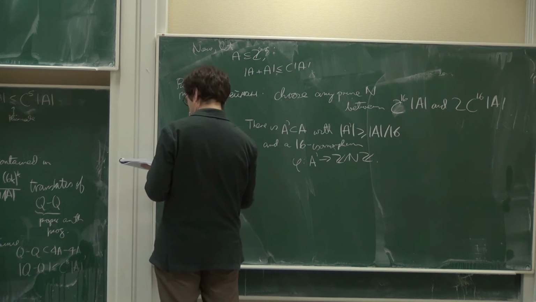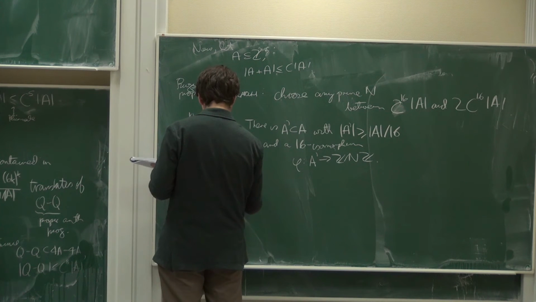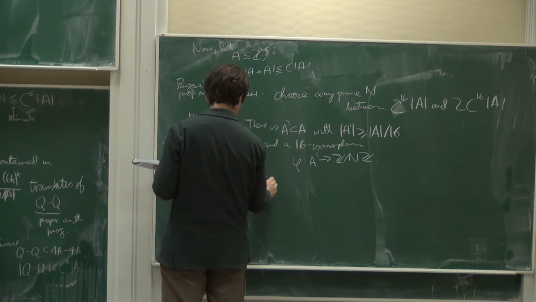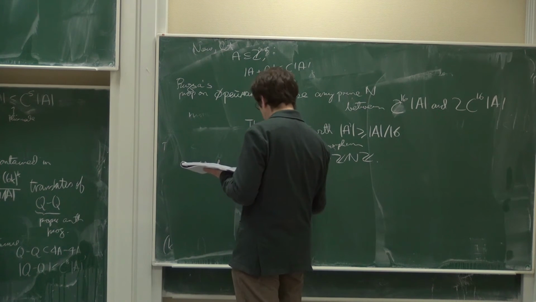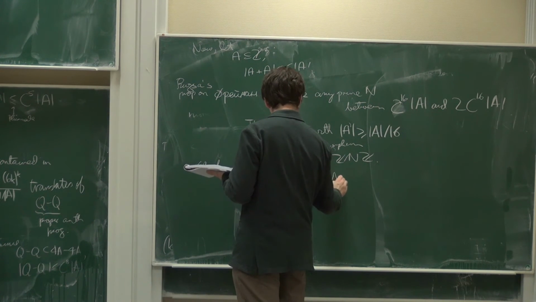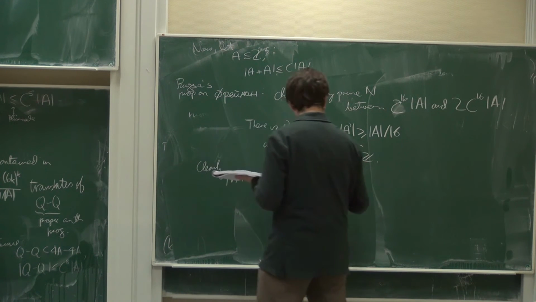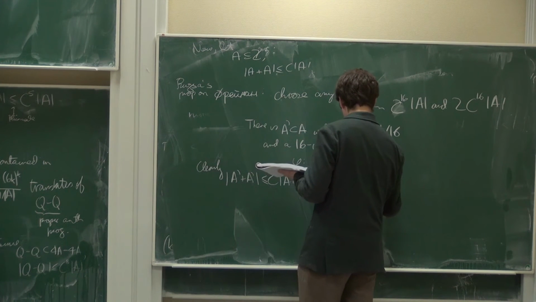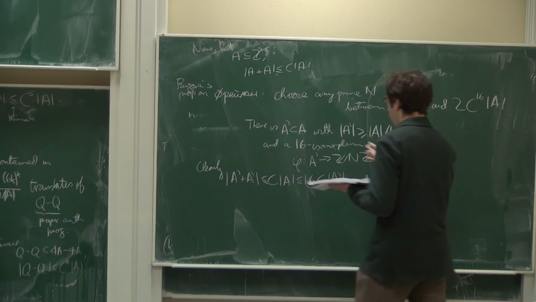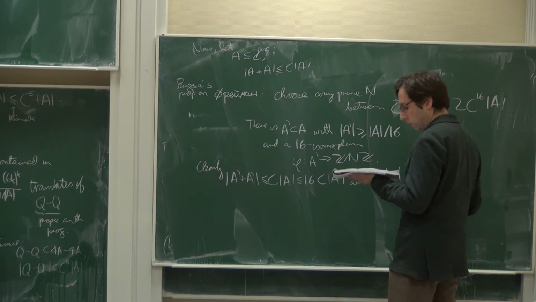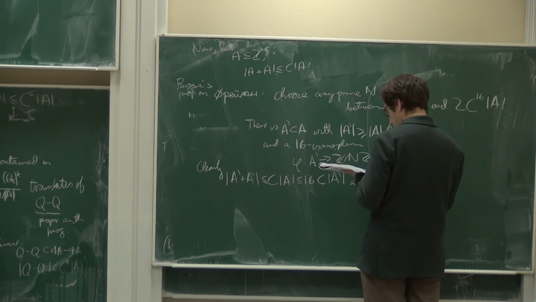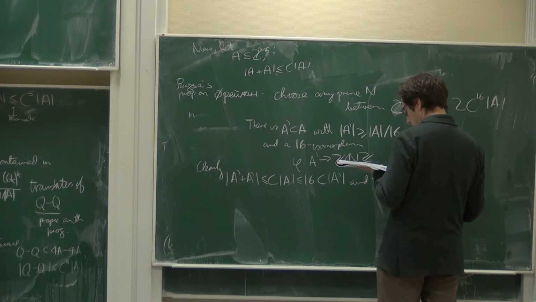So clearly, A' + A' is contained in A + A, so it's at most C|A|, which is at most 16C|A'|. And an isomorphism is in particular a bijection, so it does not change the size of things.